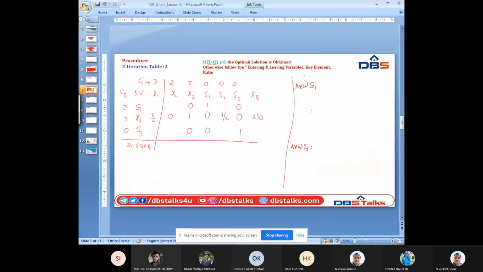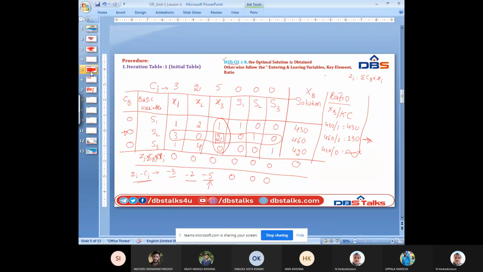So S1 will have new values and S3 will also have new values. For the new S1, we have to multiply. See here, X2 is already the new one, so multiply with these values. Note it down, X2. For the new value of S3, we have to simply do a cross multiplication.